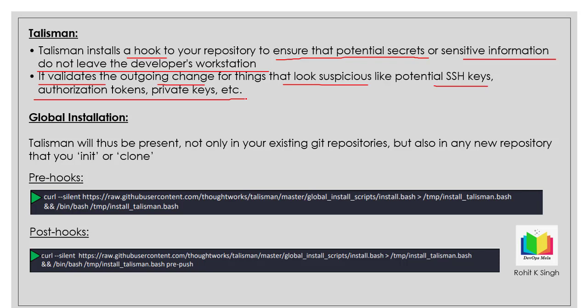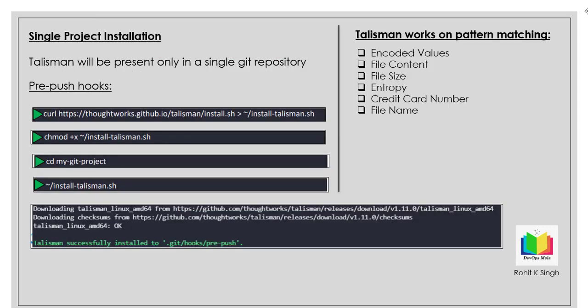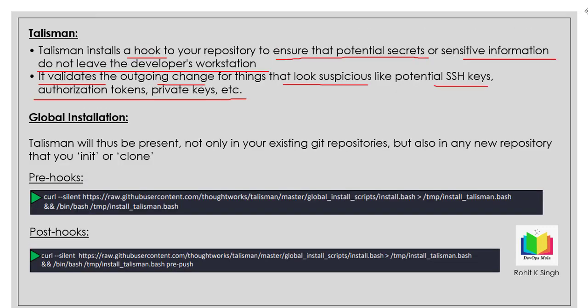There are two ways Talisman can be installed: global installation and single project installation. If you do a global installation, it will be applicable to your existing repositories, as well as any new repository you create or clone.